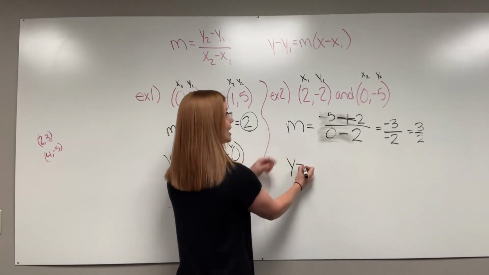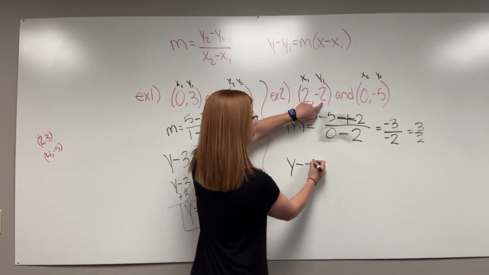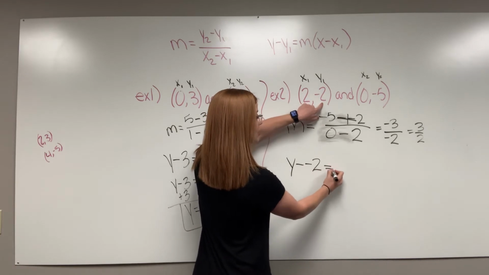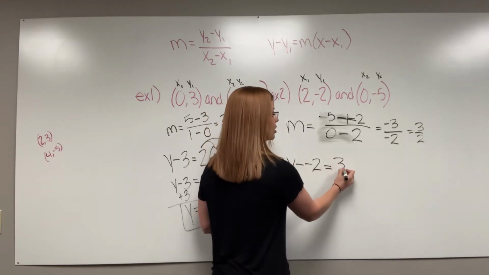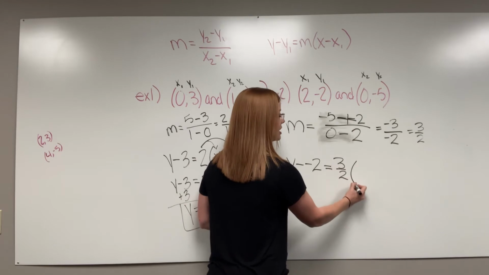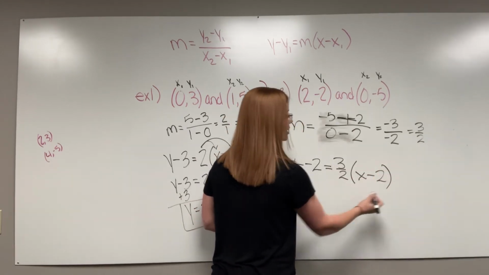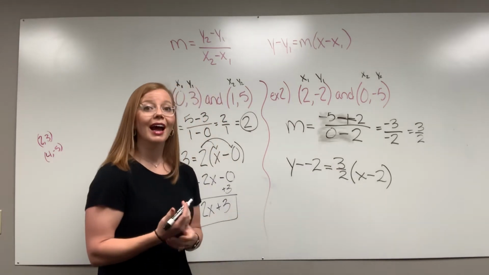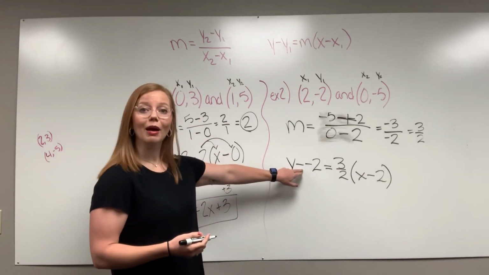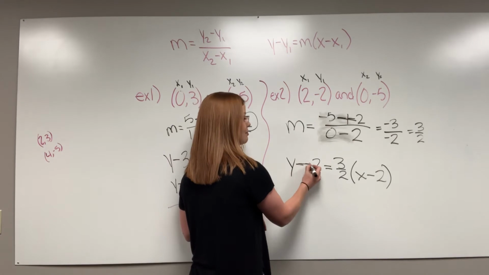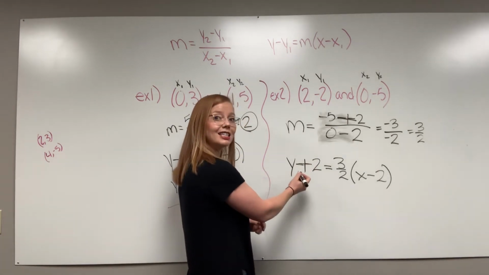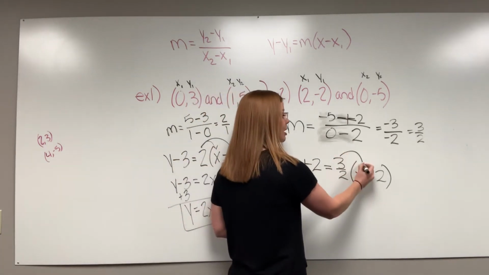Y minus y1 equals m, which is the slope that I just found, times x minus x1. At this time, I can go ahead and fix my double negative right here, make that a great big positive. And in that same line, I'm going to go ahead and do my distributive property with my slope.